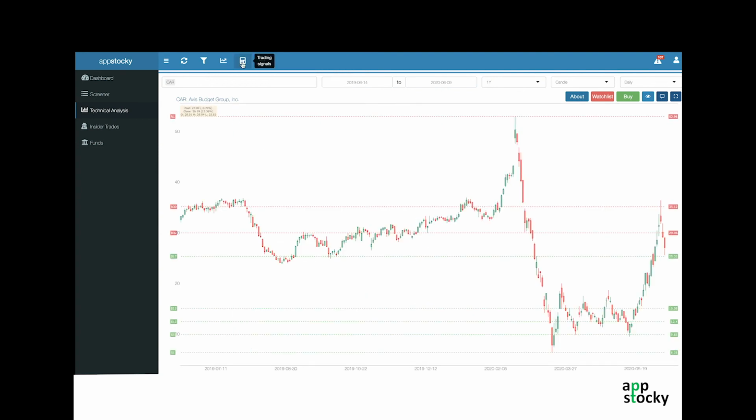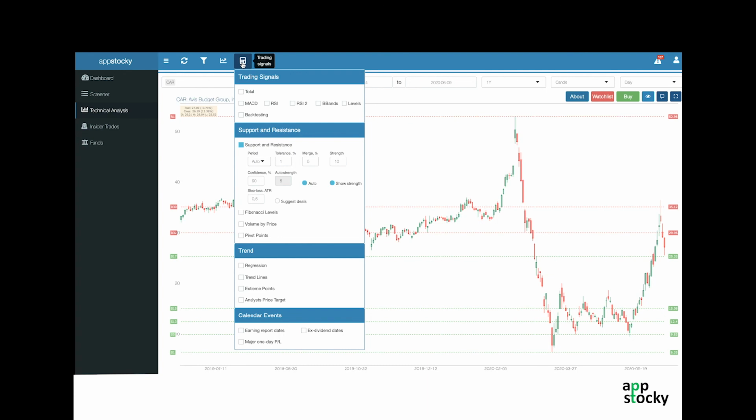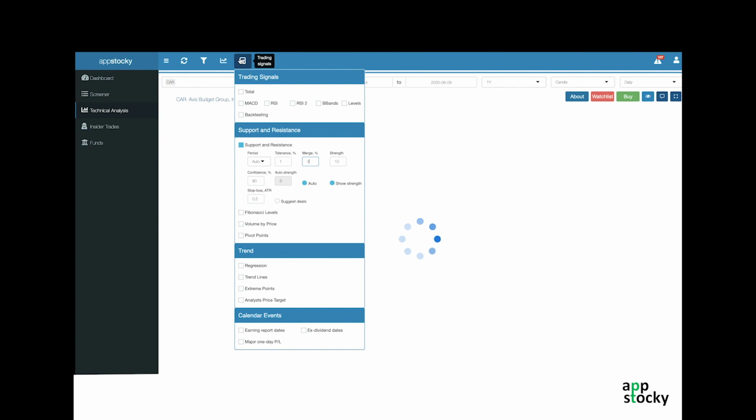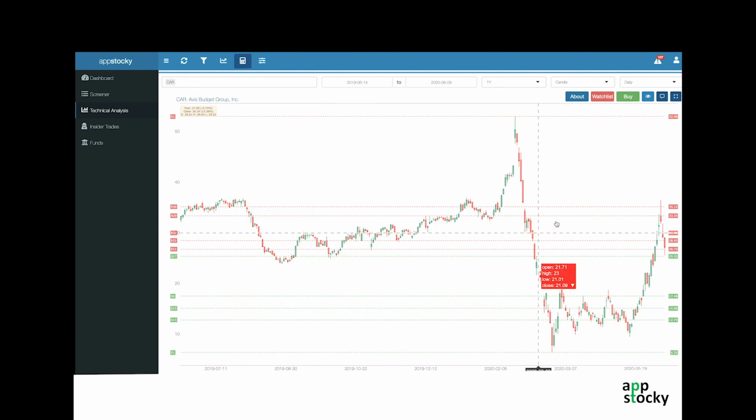Another parameter, if you want to have more levels and increase the granularity, is the parameter merge. What it does is absorb the less important levels and show you the major one in a specific area. However, if you want to show more, then you decrease the level, for example, to 3, and you immediately see that those levels are split into minor levels, right?